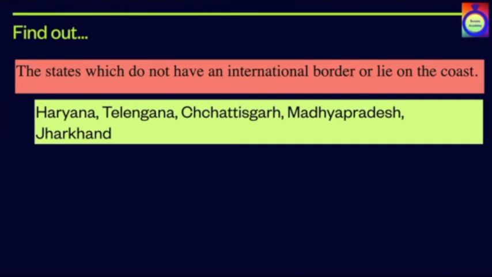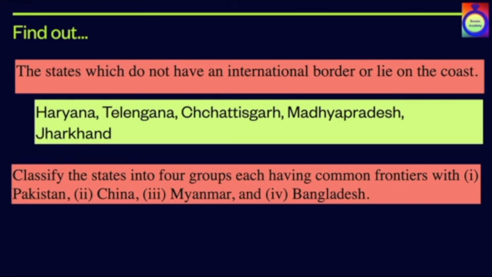Haryana, Telangana, Chhattisgarh, Madhya Pradesh, Jharkhand are the 5 states that don't have an international border or lie on the coast. All other states either share an international border or coastline.